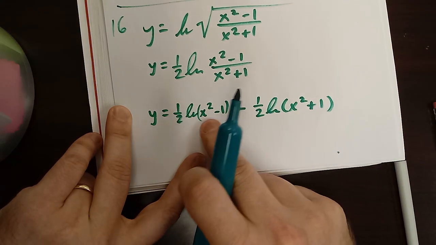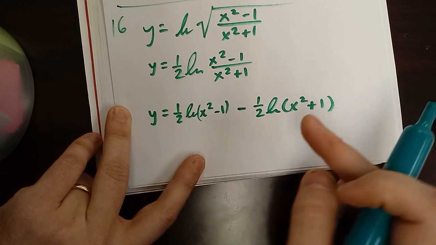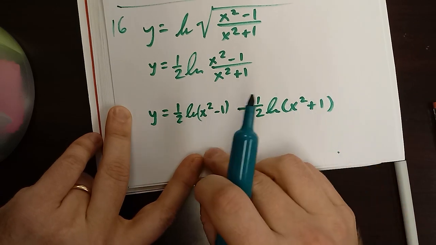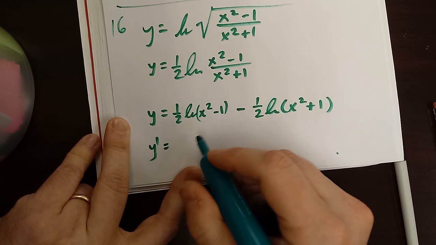And then you have to decide, do I want to break this up into x plus 1, x minus 1? I don't know if it's going to make a difference at this point, in terms of ease of problem.